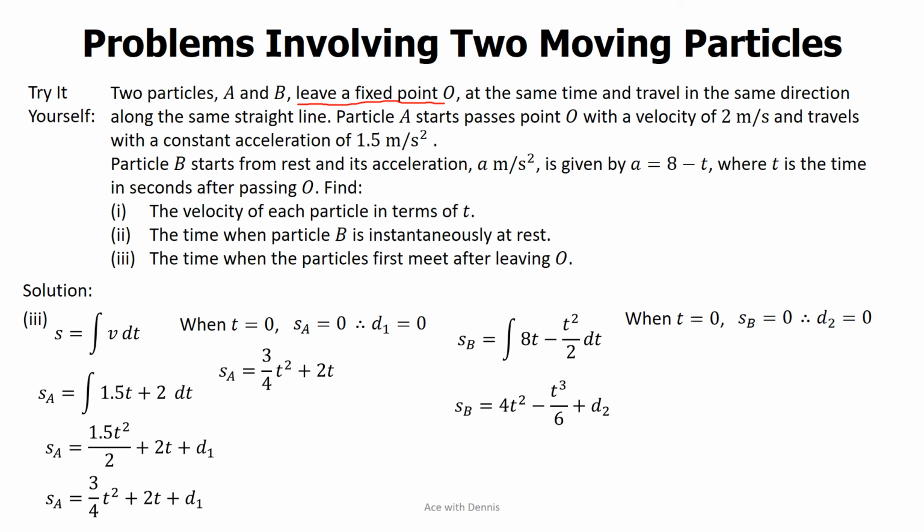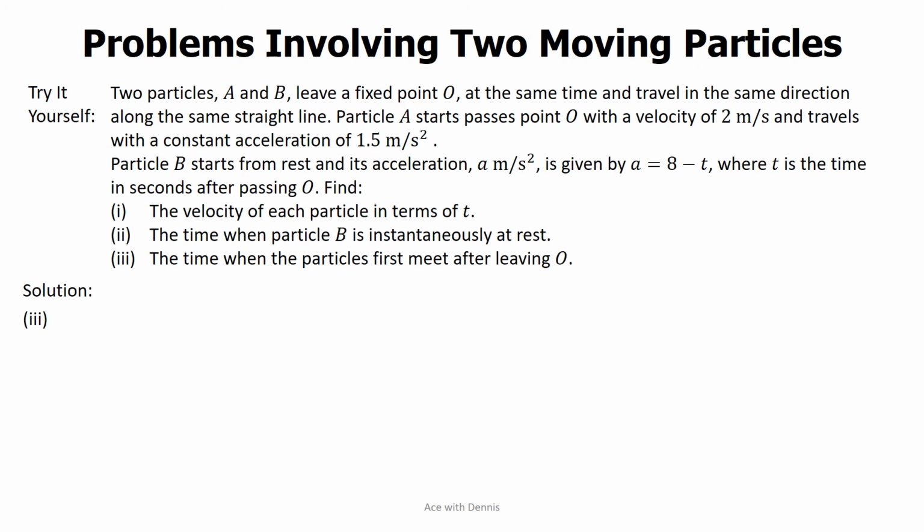As I mentioned just now, both particles leave the fixed point O initially. Hence, SB equals 4t squared minus t cubed over 6. Now, we already know the equation of displacement for both particles. Now, let's answer the question.